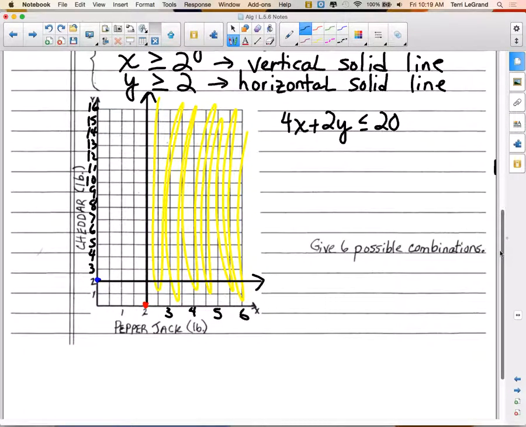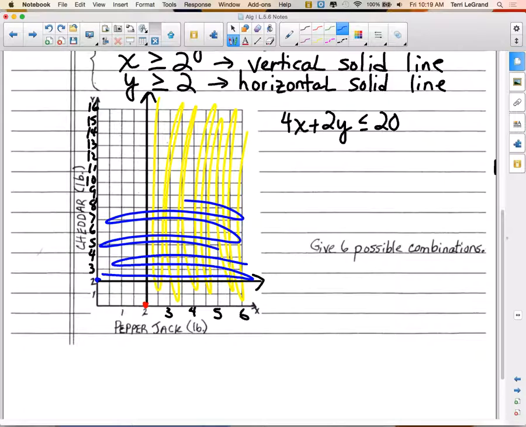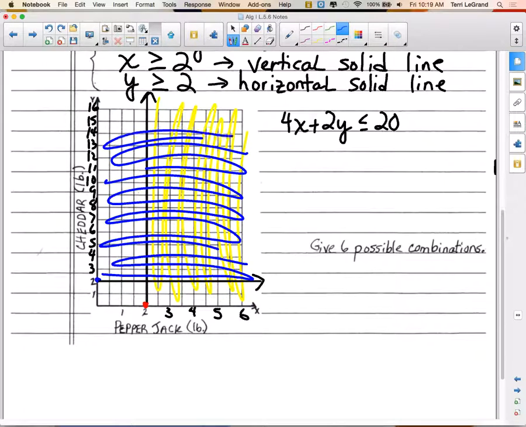And that one says y is greater than, so where should I shade? Above. So now you're going to take your pencil and go the other direction, and you're going to shade above that one. Don't get too dark yet because you got another line to graph here yet. Lots of shading going on here.